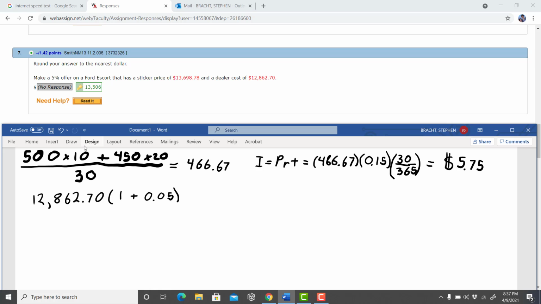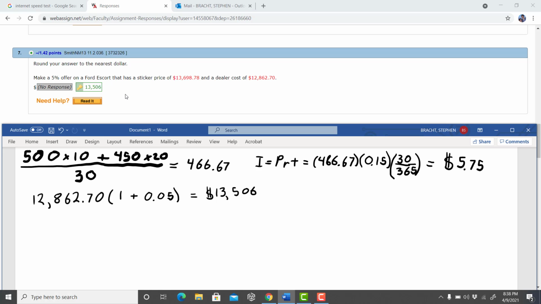Okay, and the 1 plus 0.05 is what is the 5% increase. If you work that out on your calculator, you should verify this, but it should come out to be 13,506. Okay. So that's all there is to that one. That's all they're asking for is how to find that.